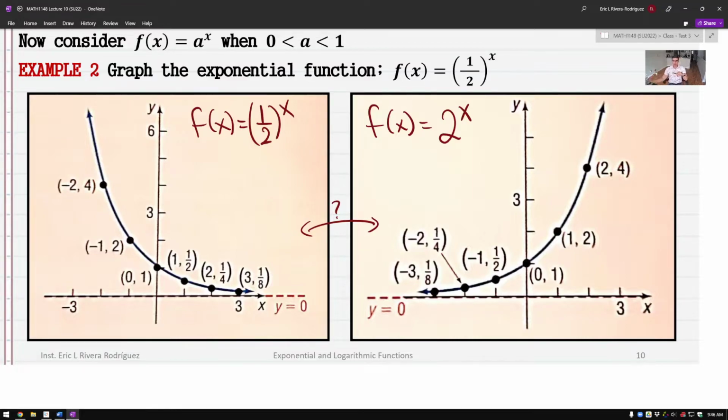Inverse? Inverse is not a category of transformation. Jordan? Yes, reflection. So what we are seeing is a reflection. We are seeing a horizontal reflection, a reflection over the y-axis.